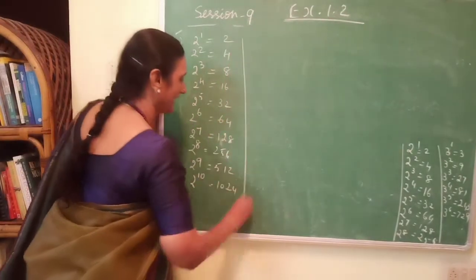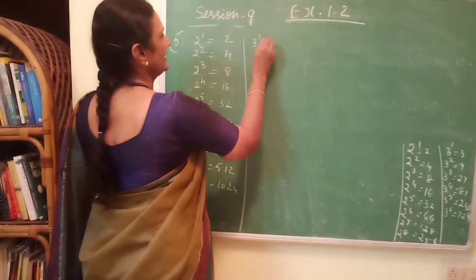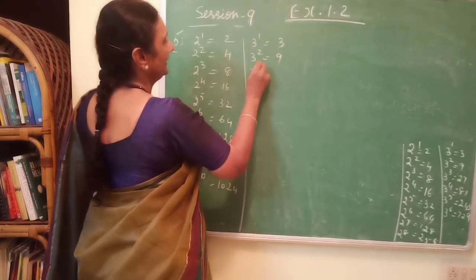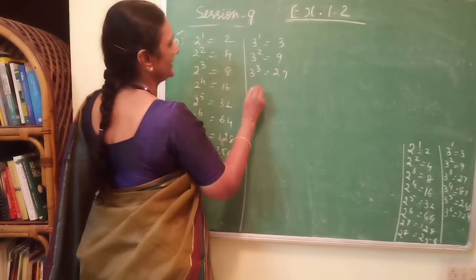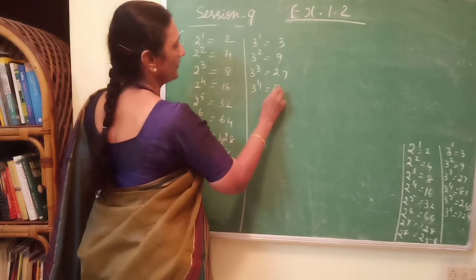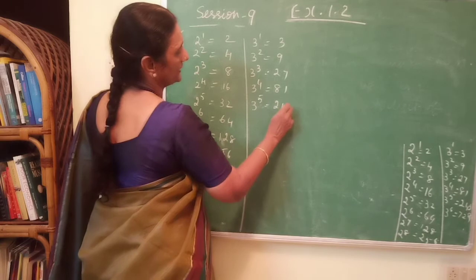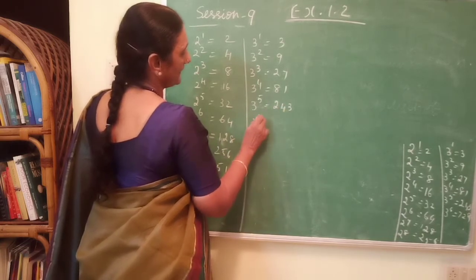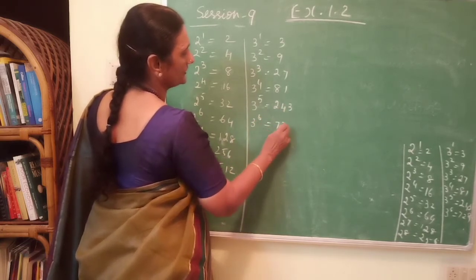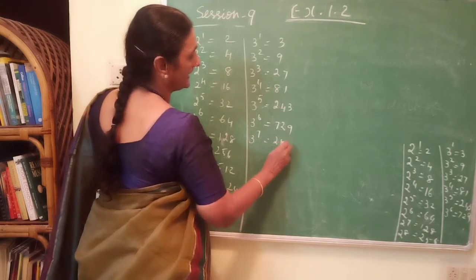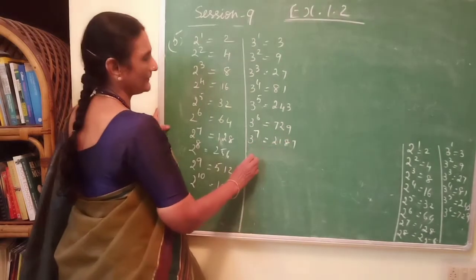Similarly, you just write 3 power 1 is equal to 3, 3 power 2 is equal to 9, 3 power 3 is equal to 27, 3 power 4 is equal to 81, 3 power 5 is equal to 243, 3 power 6 is equal to 729, and 3 power 7 is equal to 2187. Then 3 power 8.